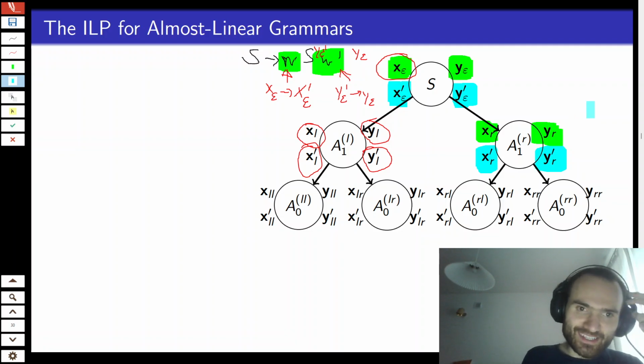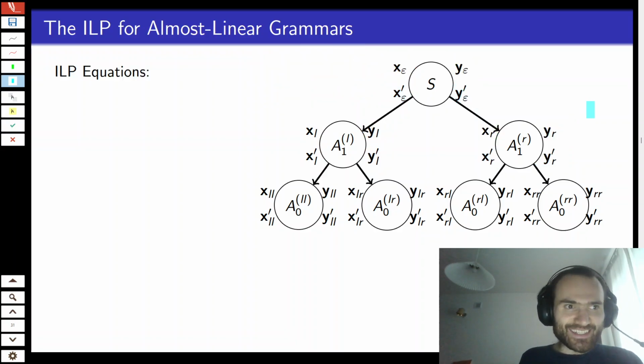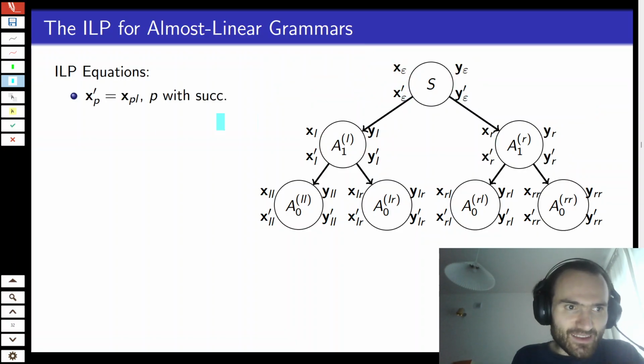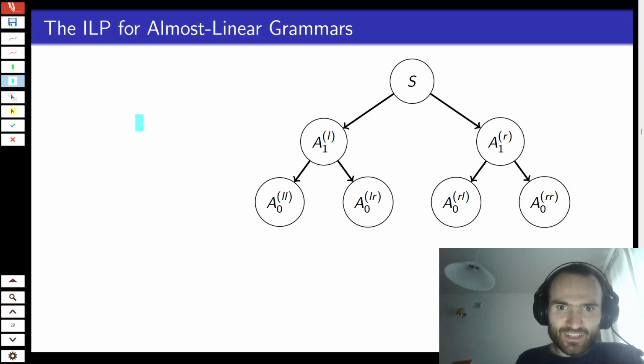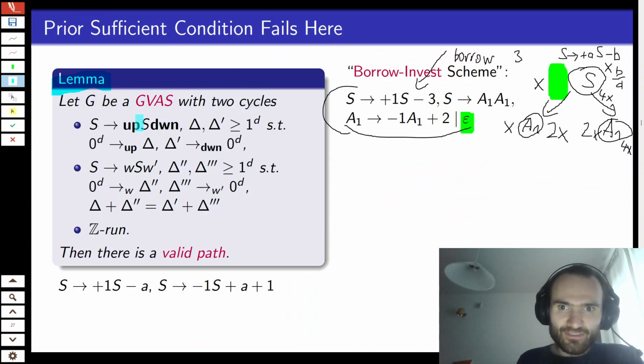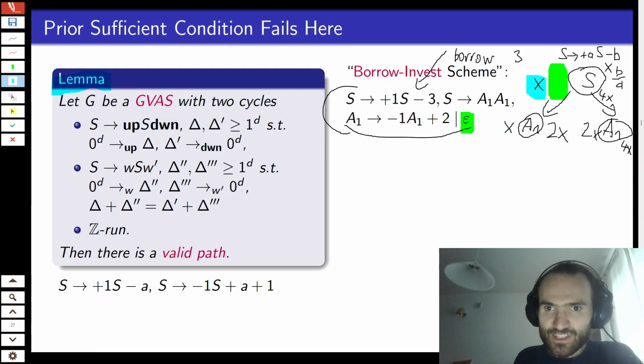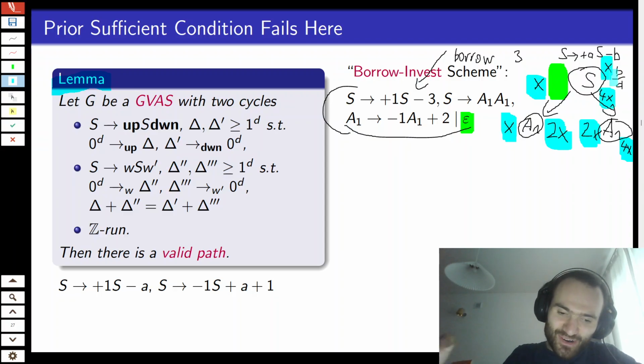Okay, that's the first thing. An ILP needs variables, but the second thing is an ILP needs equations. So let's define the equations. Well, maybe first this intuition. If you think back to this borrow-invest scheme, what I wrote here with this x, 2x, 2x, 4x, and then 4x here and x, this should remind you of the variables I'm now writing.